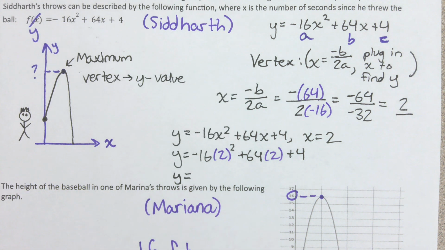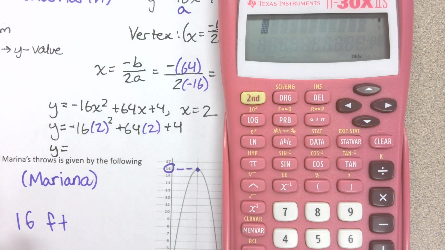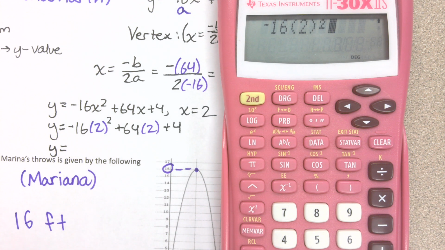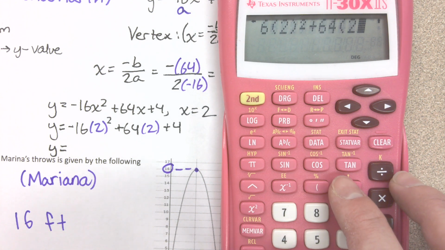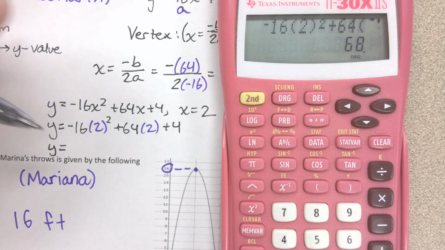And we'll let our calculator get that number for us. Negative 16 times 2 squared plus 64 times 2 plus 4. And that gets us positive 68.